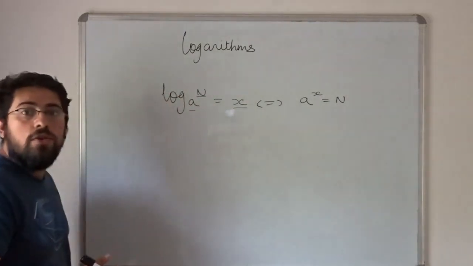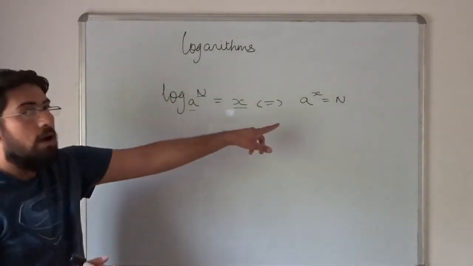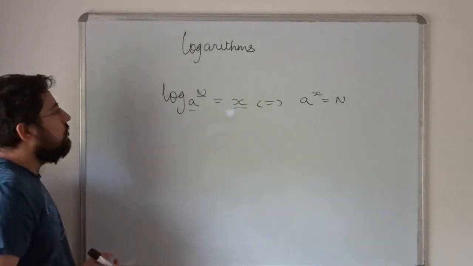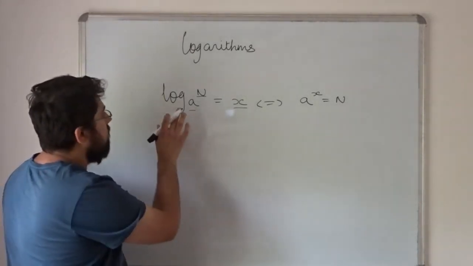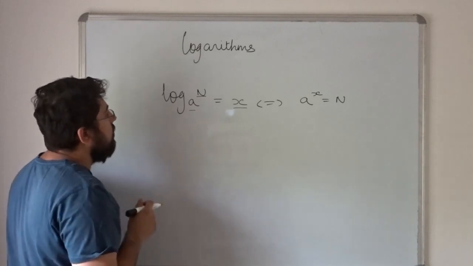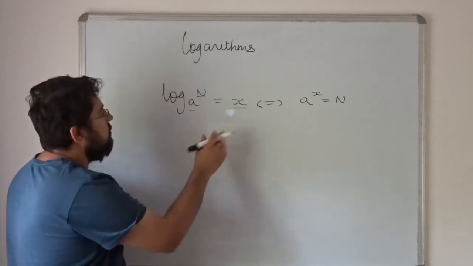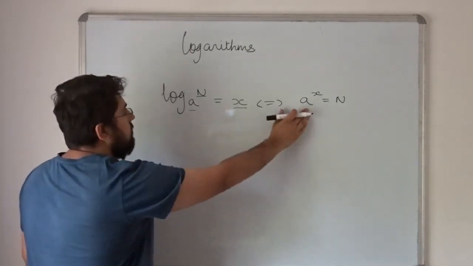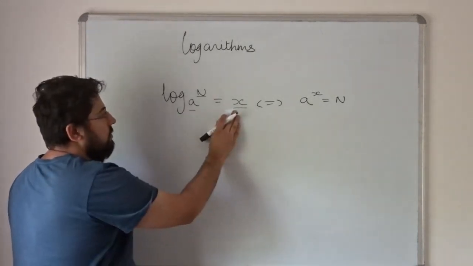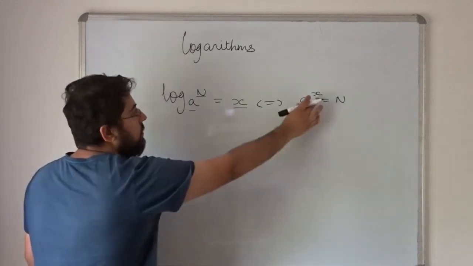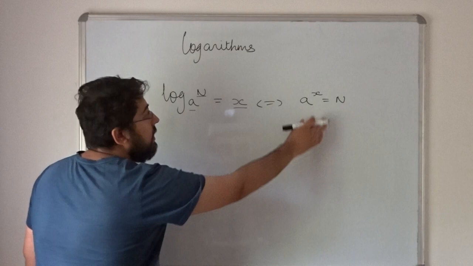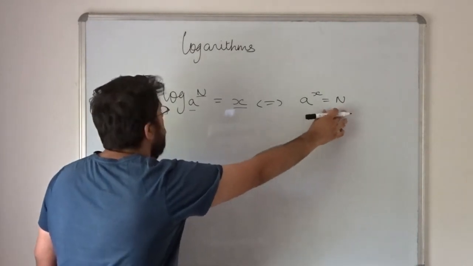Like I already told you, because we have log base a to the power n equals x, a is the base, so that's why it becomes the base here. x is the exponent, that's why it becomes the exponent here. And n is a natural number, that's why it comes after the equal sign.